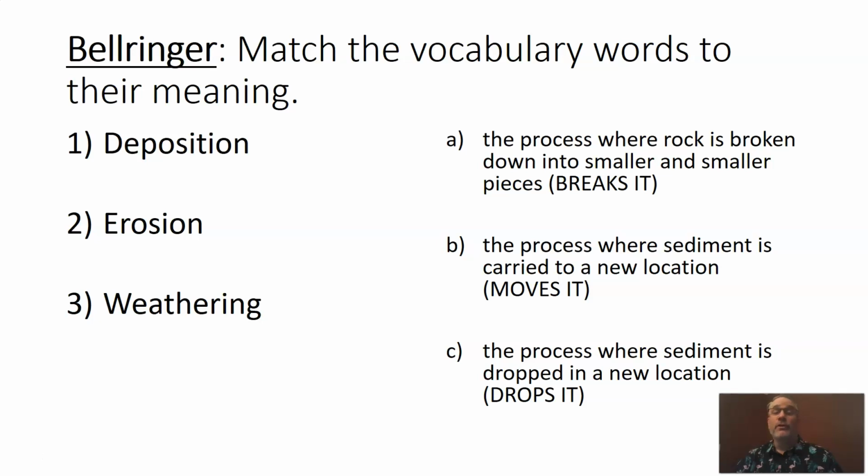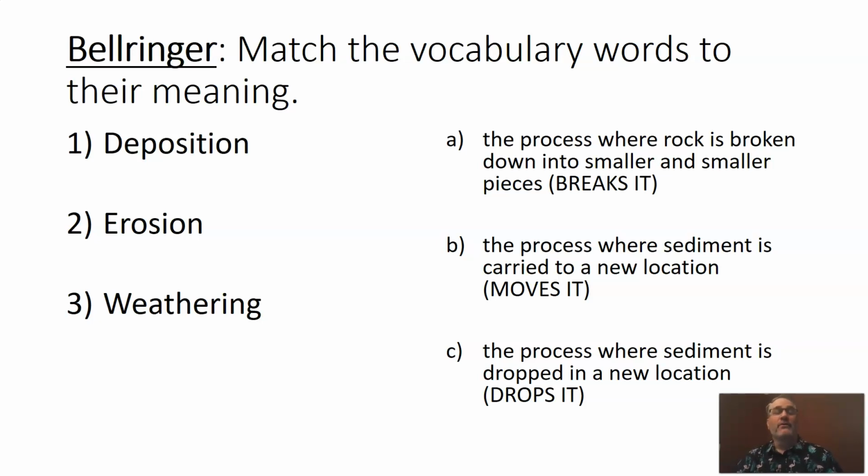All right, I hope that you did well. Of course, when we talked last week, we said that weathering, which is number 3, is that process that breaks rock down into smaller and smaller pieces. We said that breaks it.